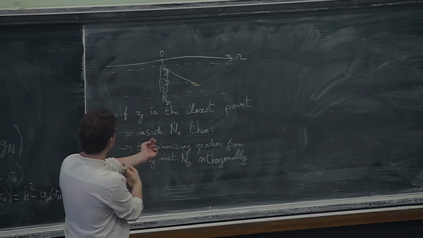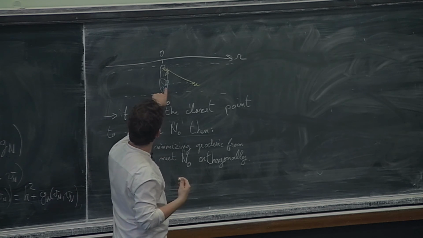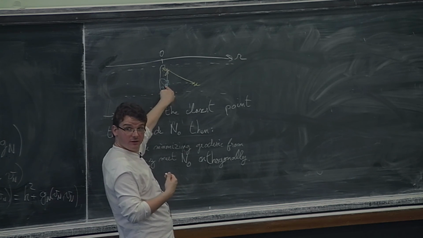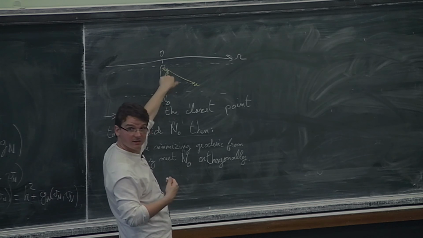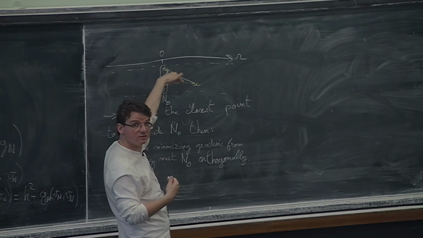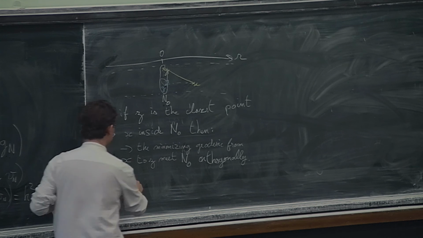So basically what you need to show is that if you don't meet orthogonally, you can move a little bit the point z and decrease the length. That's just what's going on here to prove this fact.